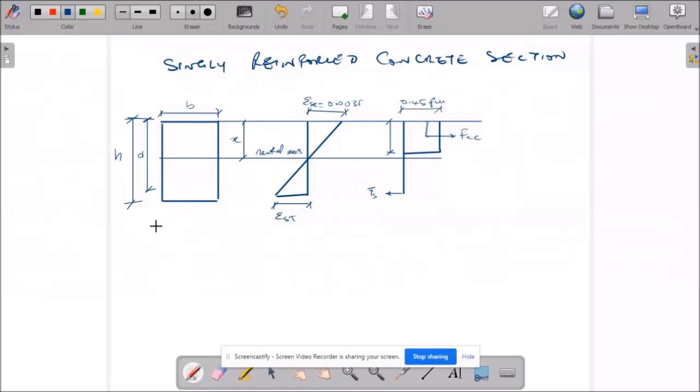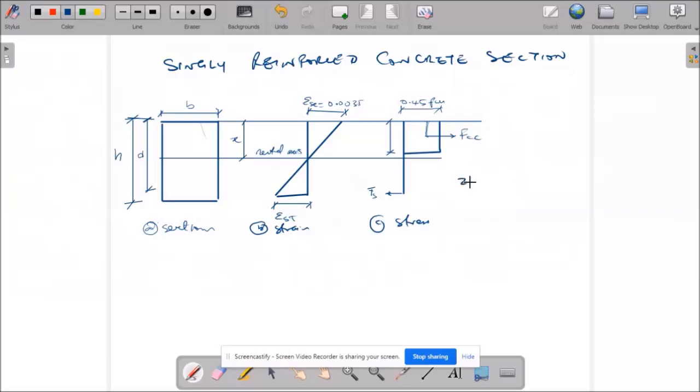So this is our section. The first diagram here is our section. Then this one, B, is our strain. Then C is our stress diagram.